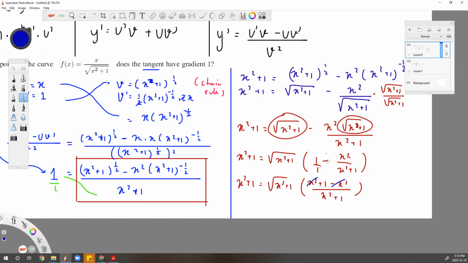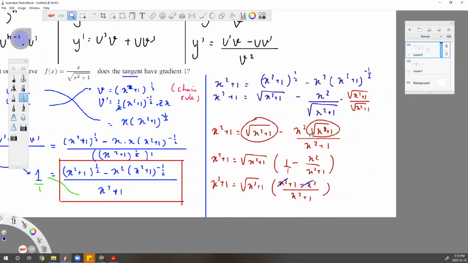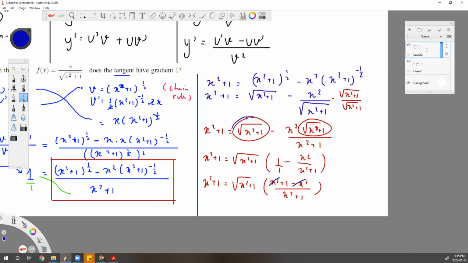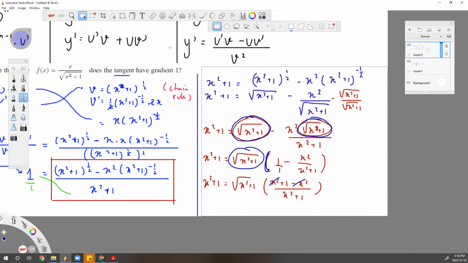How did you get 1 minus x squared? I factorize this. I put the square root of x squared plus 1 to the other side and I put the bracket, and this is 1, right? Subtract. Okay, complicated. So the answer, we haven't got the answer yet.